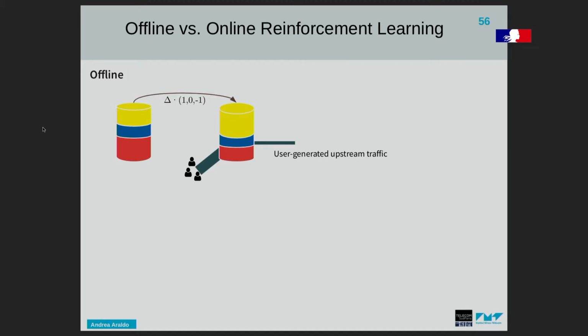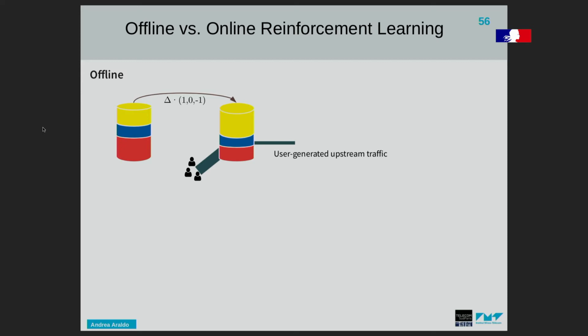So I want to emphasize that usually reinforcement learning is applied offline, meaning that people assume they have a model of the system, a simulation model, for instance, and then they interact with this simulated model millions of times, thousands of millions of times, so they can have at the end a good Q table that they can apply on a real system.